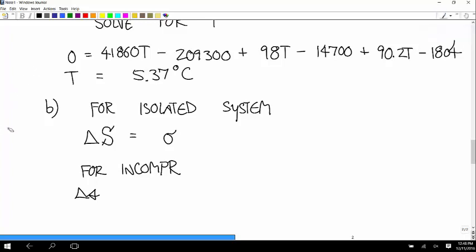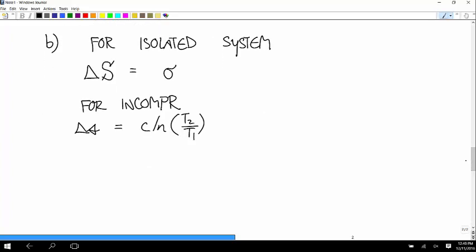It's equal to C times the natural log of T2 over T1. And so the change in extensive entropy is the mass times C times the natural log of T2 over T1.